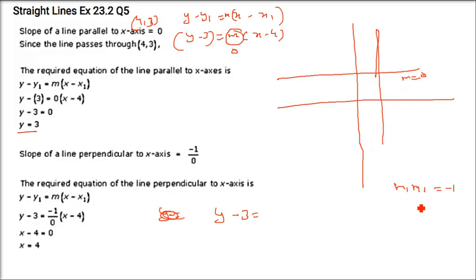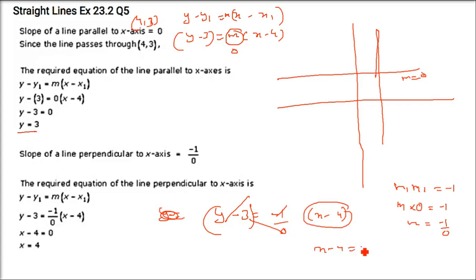So put 0 and you can find the slope of the line perpendicular to the x-axis. So m times 0 equals minus 1, m equals minus 1 by 0. You can put it here, minus 1 by 0, and x minus 4 is already there. Now you multiply on the left hand side, this is going to be 0, and minus 1 times x minus 4 is going to be 0. So this is the equation, x equals 4.